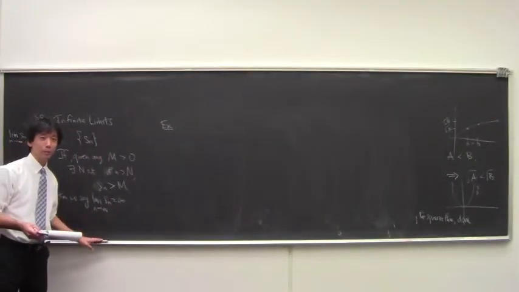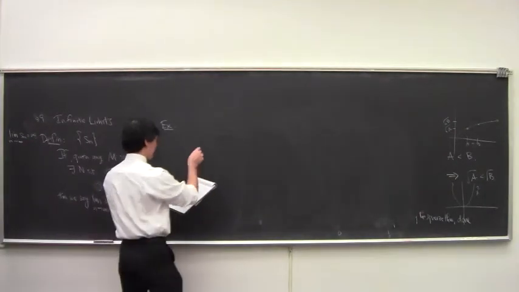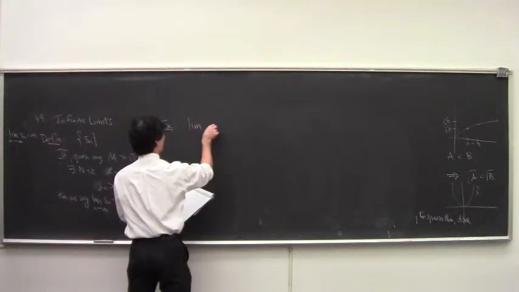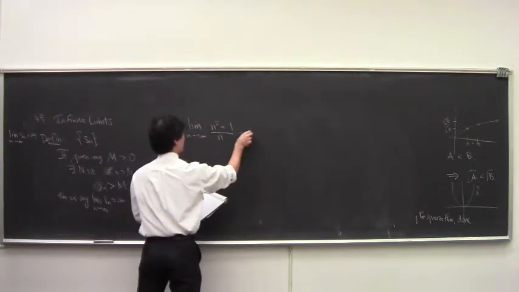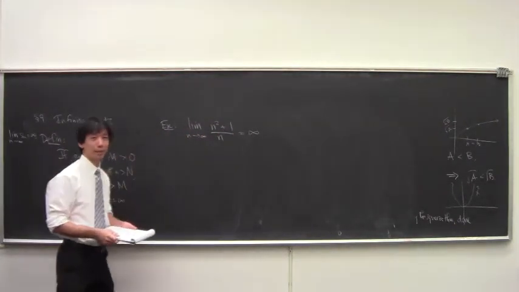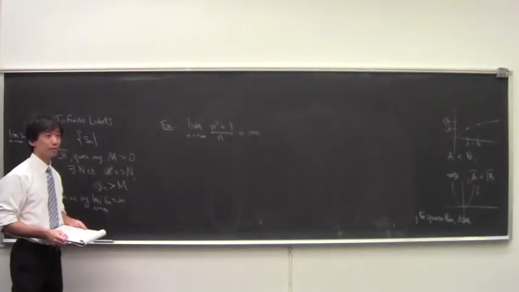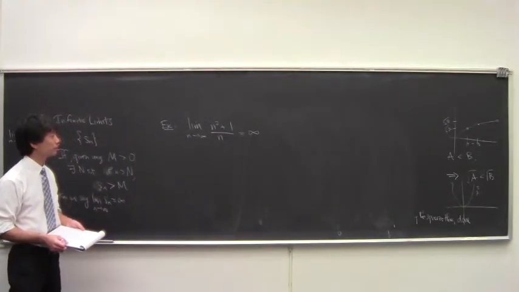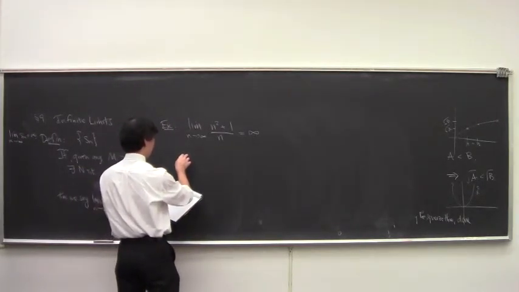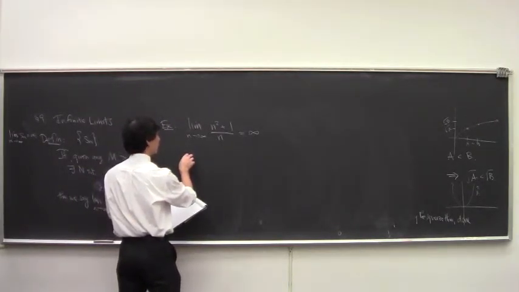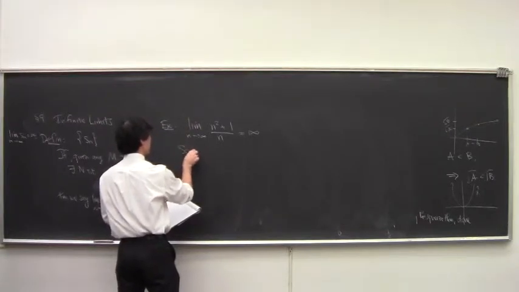Okay, so I'm going to do a simple one just to start you off. The limit of n squared plus 1 over n as n goes to infinity is infinity. We'll do some scratch work as usual.